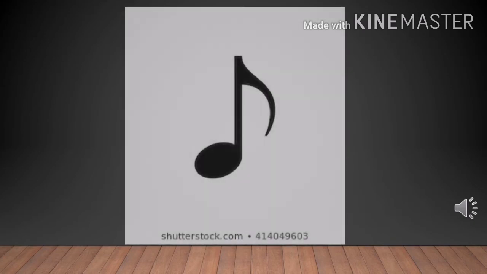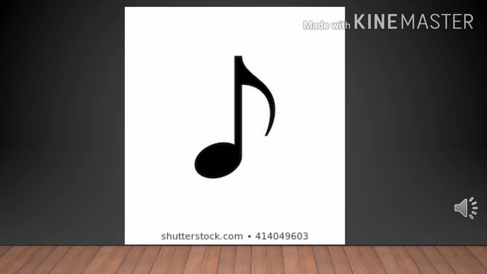Our next note is an eighth note. It looks like a quarter note, but we added something like a flag. The flag always points to the right side, whether the stem is pointing up or down. This is an example of an eighth note sound. Half count. Sometimes when we have more than one eighth note next to each other, we turn our flag into a beam.